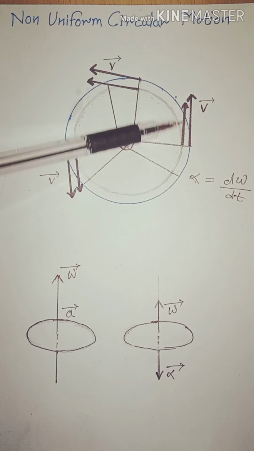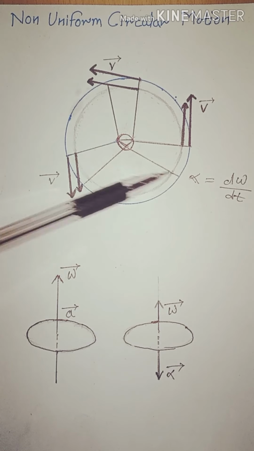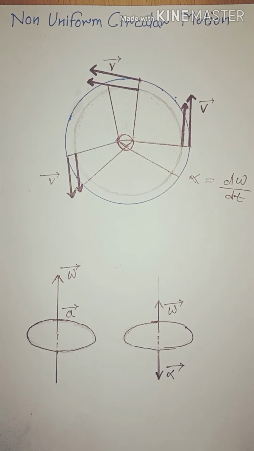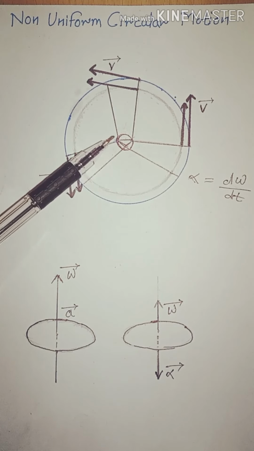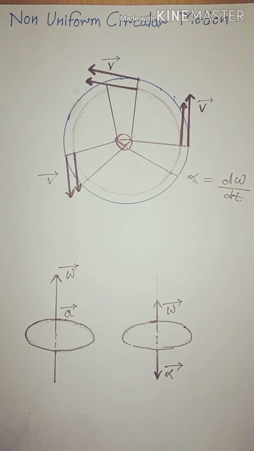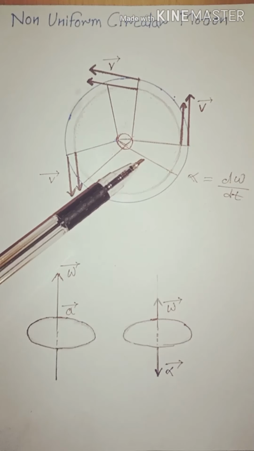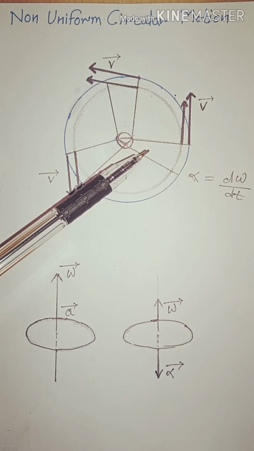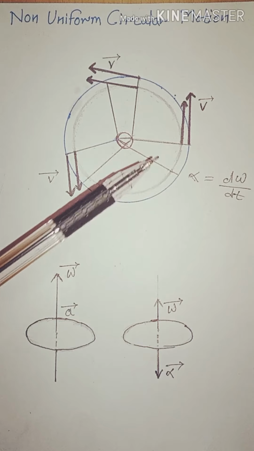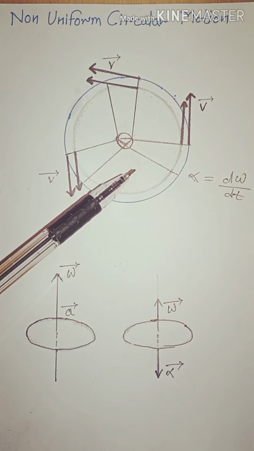However, their directions are always tangential to their circular trajectories. During this time, it is non-uniform circular motion. As the velocity is still tangential, the centripetal or radial acceleration is still there. For non-uniform circular motion, a_R is not constant.